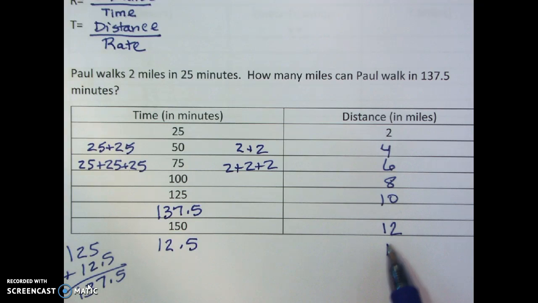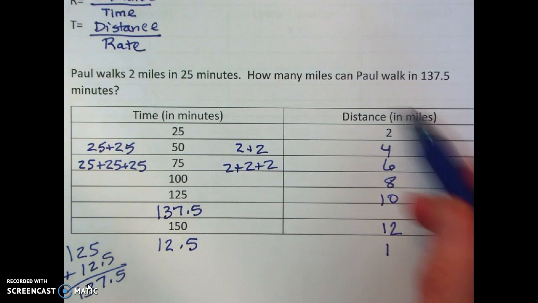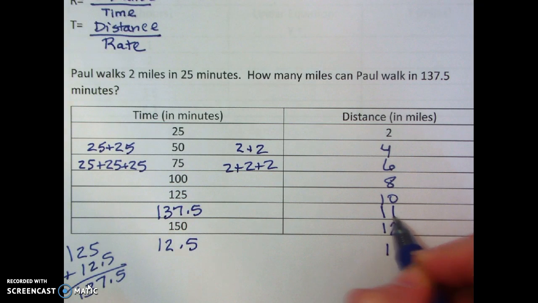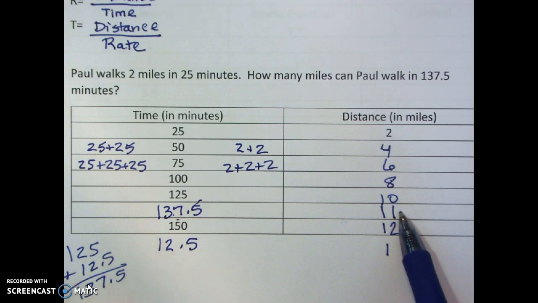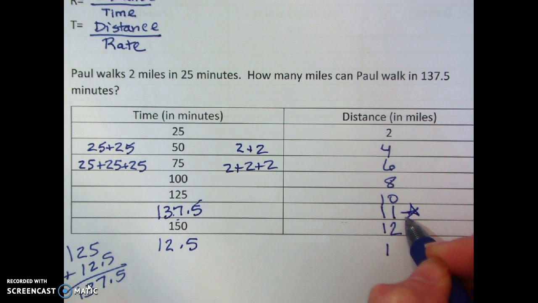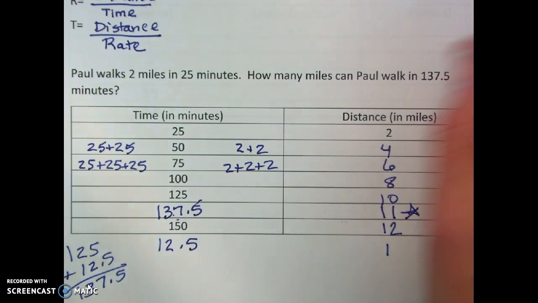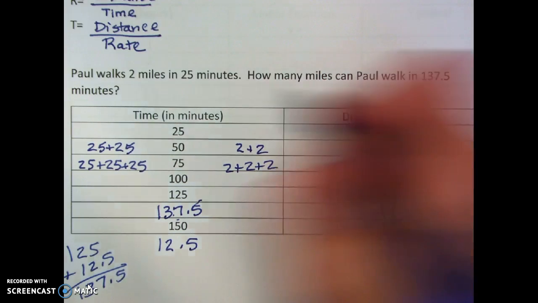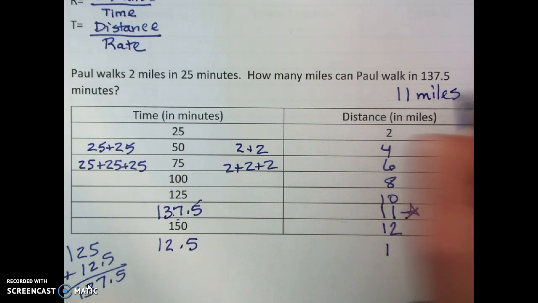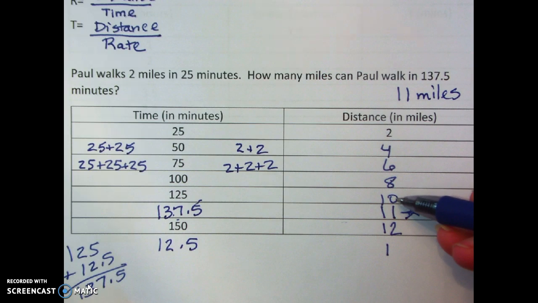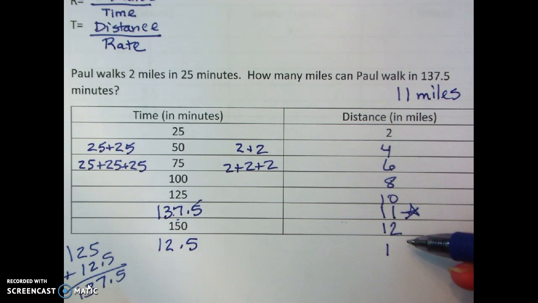So they were going to be able to go 1 more mile on that 12.5 additional minutes, which means they went 11 miles total. So in 137.5 minutes, they were able to go 11 miles. But we should have been able to narrow it down at least to between 10 and 12.